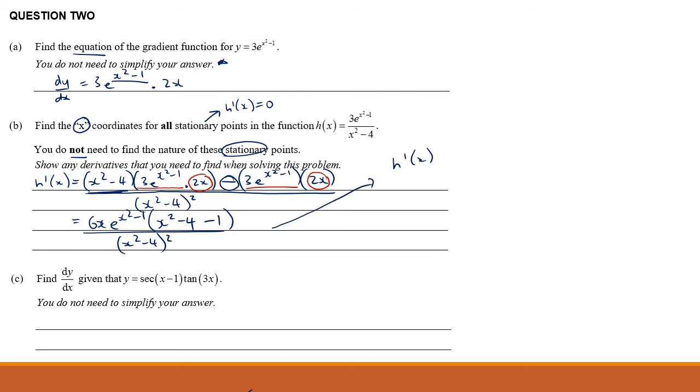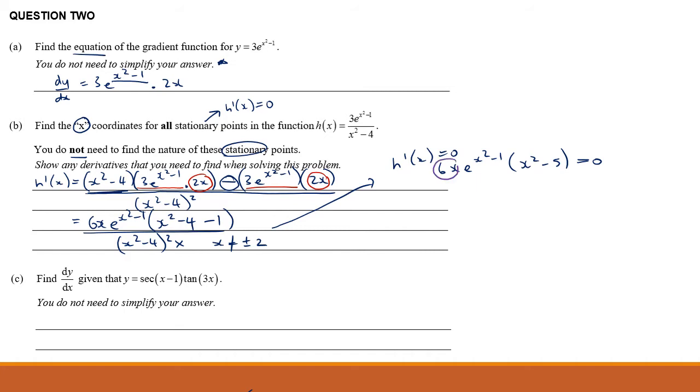So h dash equals 0. We're only worried about the top part. We're not worried about that part there. In fact, x cannot equal plus or minus 2 because it would make it undefined. So we're trying to solve 6x e^(x squared minus 1) times (x squared minus 5) equal to 0. Now there's a few places because it's 6x. There's 3 places it can be.